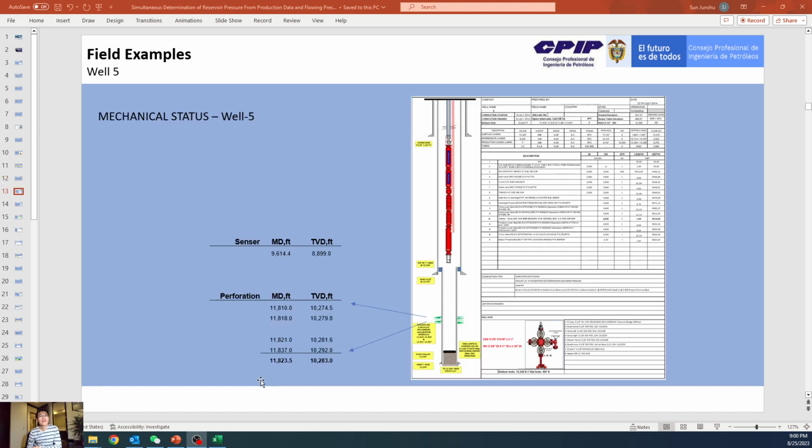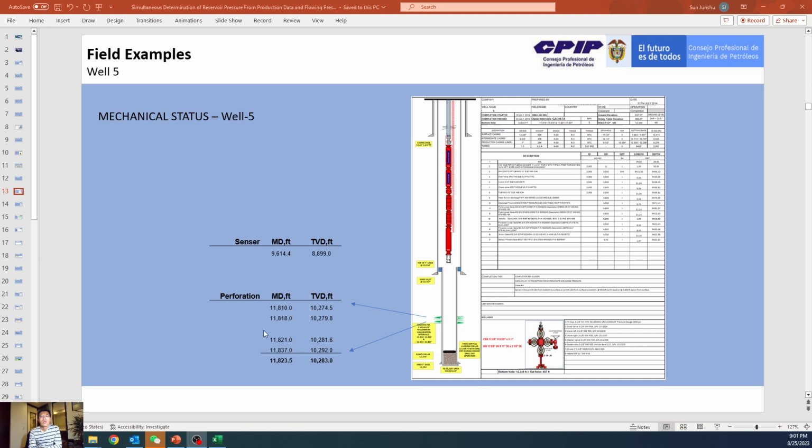This is the mechanical status of well 5. This is the ESP. The sensor is installed here, and the measured depth is 9,614.4 feet. In TVD is 8,899 feet. Perforation depth, 2 layers.